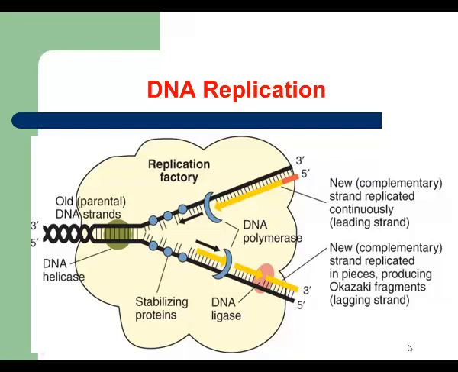Let's look at this picture of replication. It has a little bit more detail. We know the two strands of the DNA molecule run in opposite directions. They are anti-parallel. We also know that DNA polymerase 3 can move only from 5' to 3' direction. It means only one of the two strands at the replication fork can be extended continuously in the same direction that the replication fork is moving.